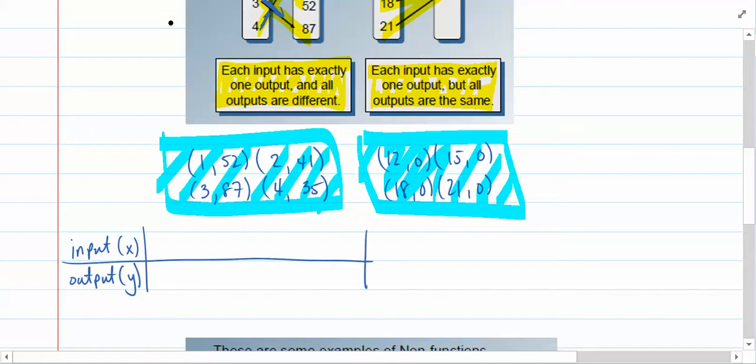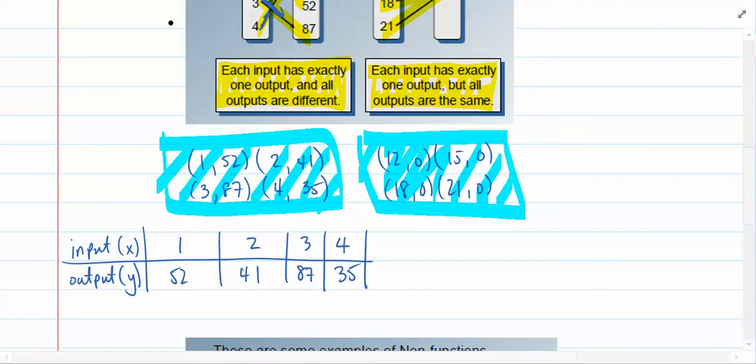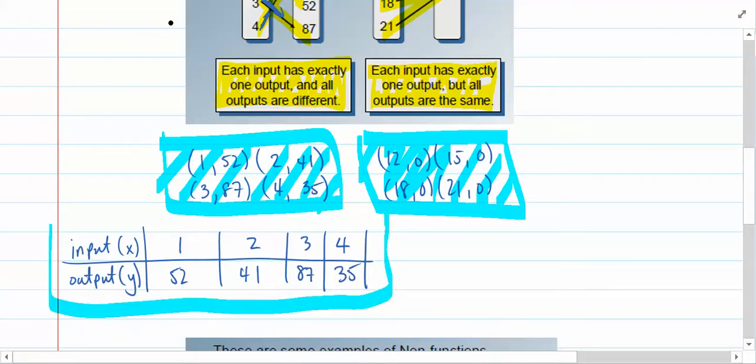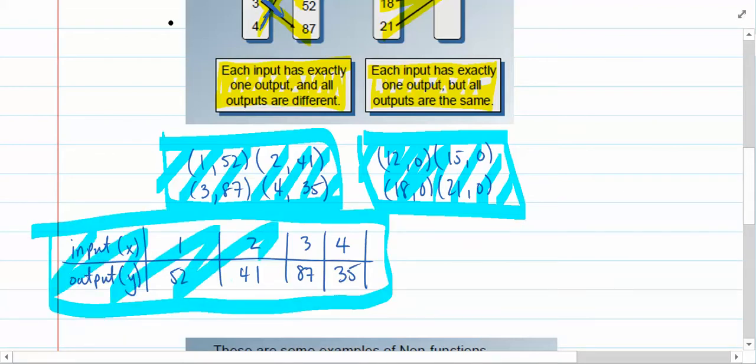Now I can create a table of data for each of my objects. I can have the number 1 and its output 52, the number 2 and its output 41, the number 3 and its output 87, and the number 4 and its output 35. And here's yet another way that I can represent a function using a different method.